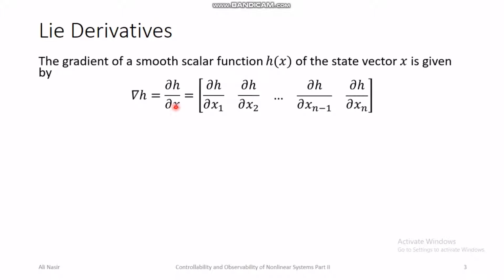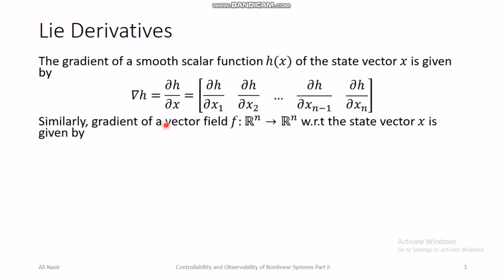So this is partial h by partial x1, partial h by partial x2, and so on up to partial h by partial xn minus 1, partial h by partial xn. So this is a vector which is the derivative of a scalar with respect to each component of a vector. So this will be a 1 cross n vector.